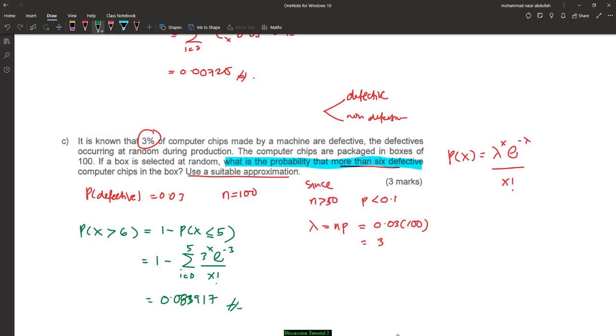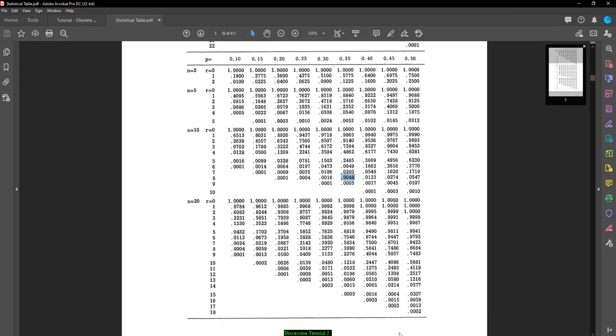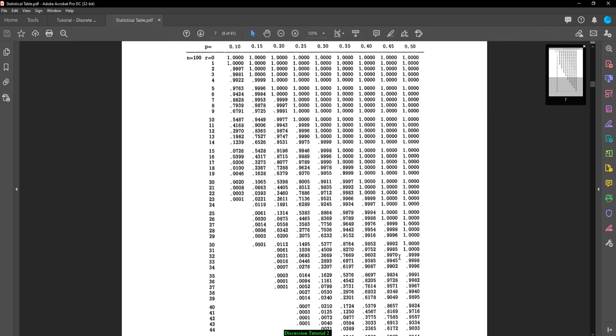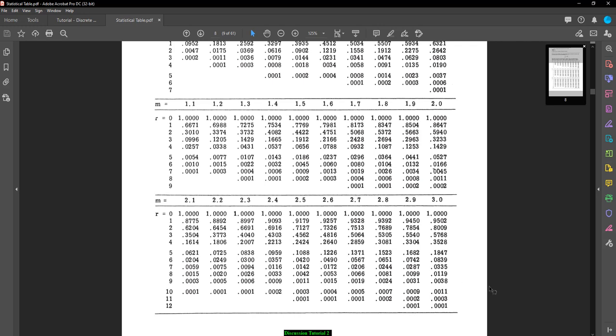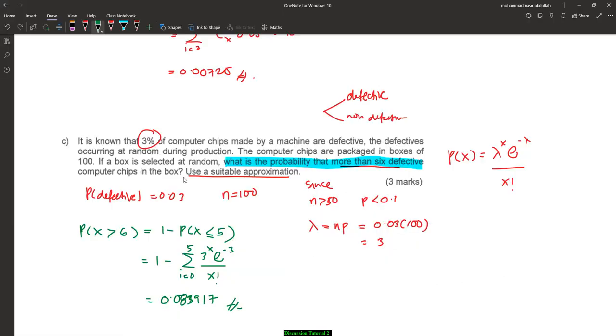If you are using the calculator, lambda is equal to 3. Look, lambda is equal to 3, and if we want to find it in the calculator, what should it be? This is more than 6, which means 6 is not included, so I have to go up to 6, not 5, until 6.